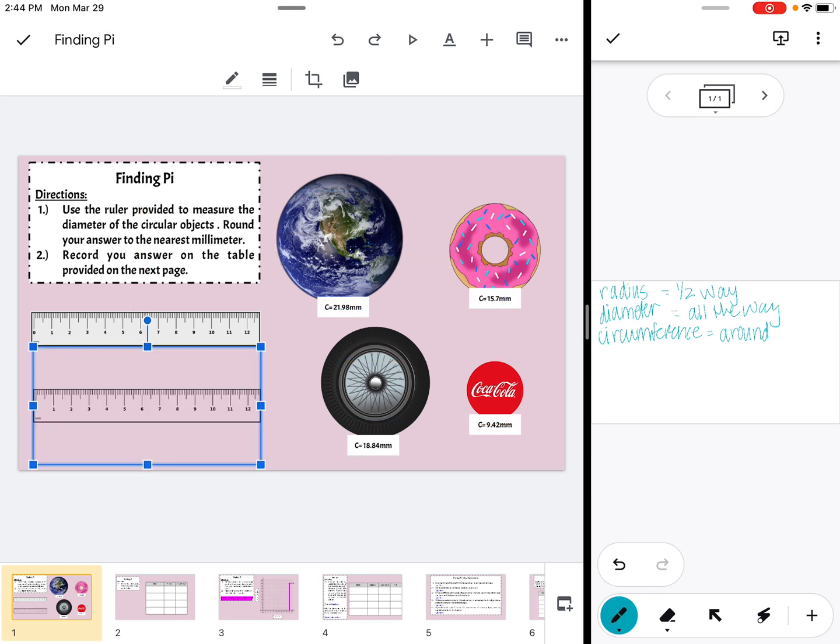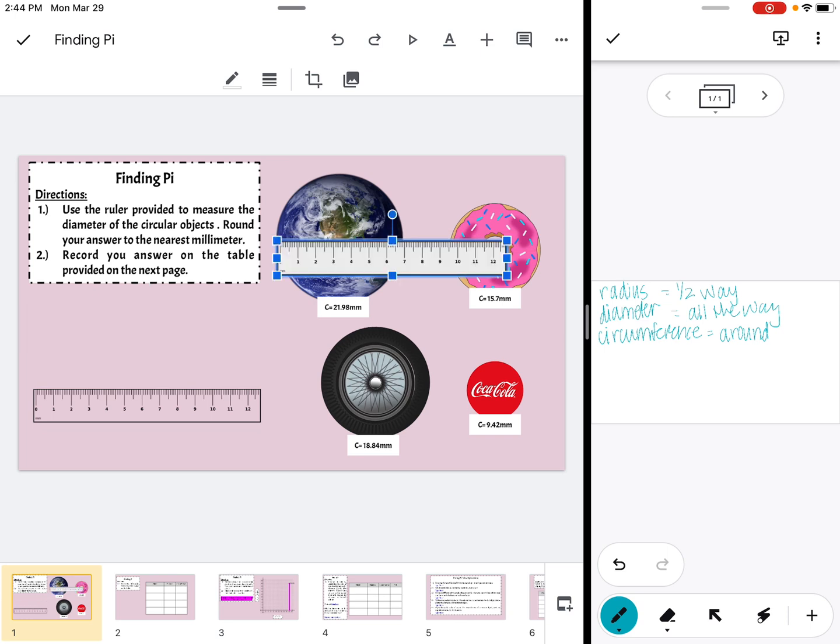The directions say, use the ruler provided to measure the diameter. So I want to go all the way across the circular object, and we're going to round to the nearest millimeter, and then we'll record our answer on our next page. So I want to start with the planet Earth. I'm going to drag my ruler over here and put this through the center of that object, lining up my corners.